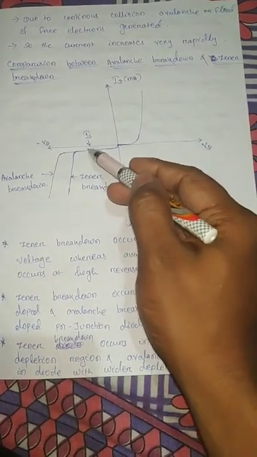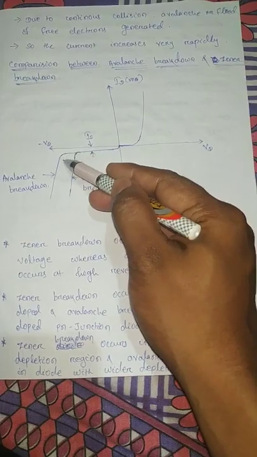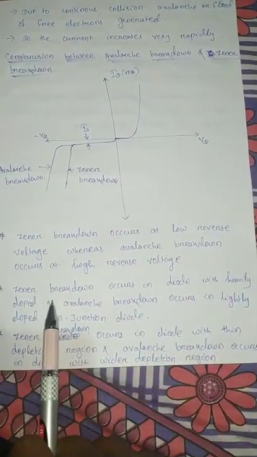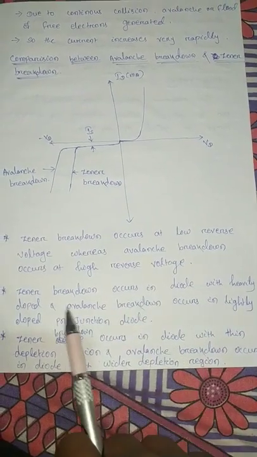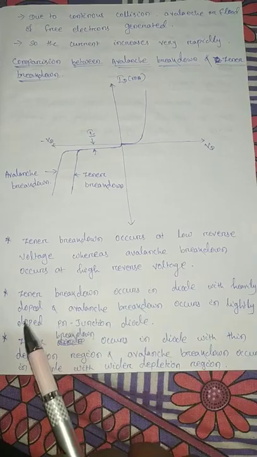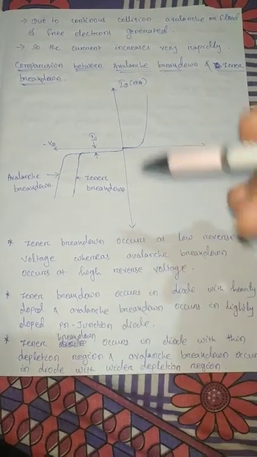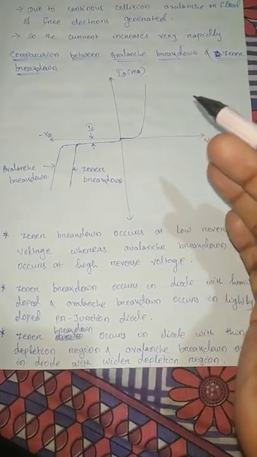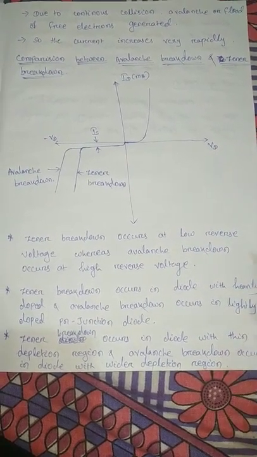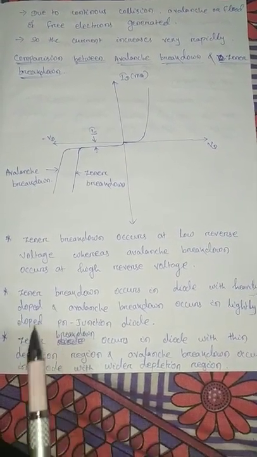As you see in this graph, Zener breakdown occurs at low reverse voltage and avalanche breakdown occurs at high reverse voltage. Zener breakdown occurs in a heavily doped PN junction diode, and avalanche breakdown occurs in a lightly doped PN junction diode.